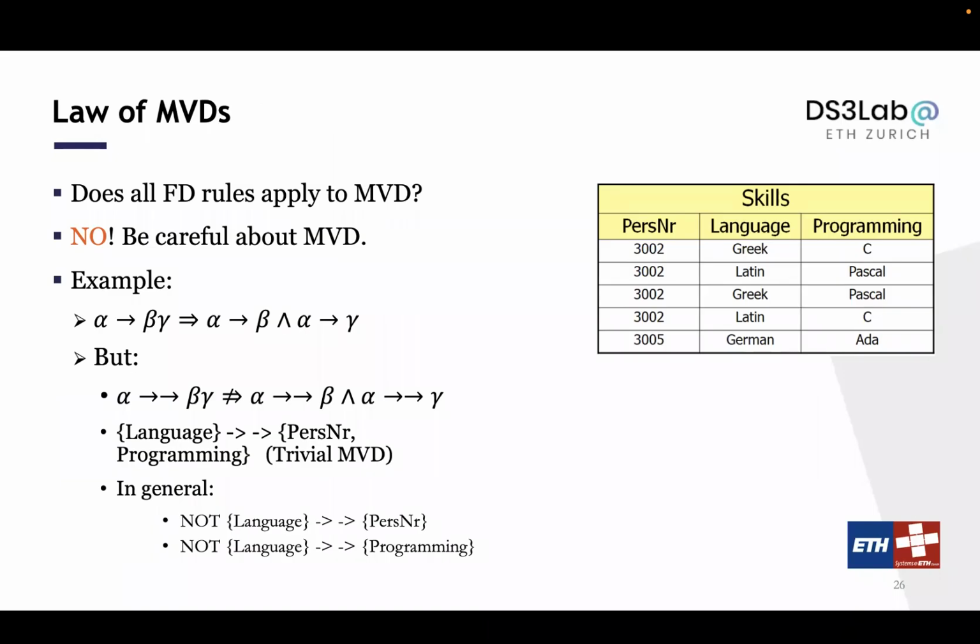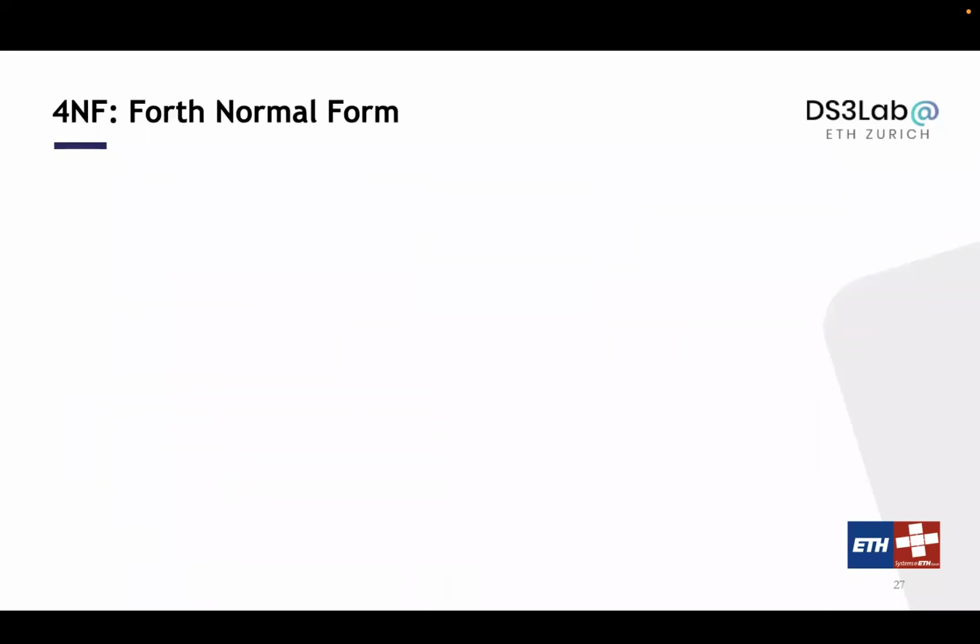As you can see, it introduced different ways for you to talk about data redundancy. So how can we get rid of this? How can we reason about the data redundancy caused by multivalued dependency? That gave us something called the fourth normal form, which is even more restrictive than BCNF.